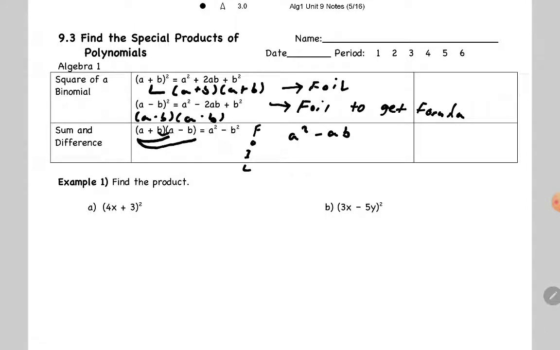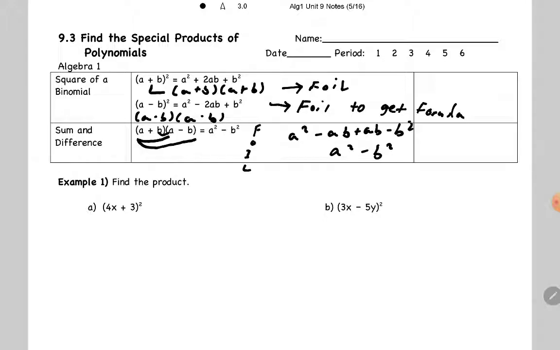And then inside, plus ba or ab, it doesn't matter. And then the last numbers, minus b squared. So negative ab plus a positive ab cancels out, and we're left with a squared minus b squared. So that's where these formulas come from, is just FOILing.